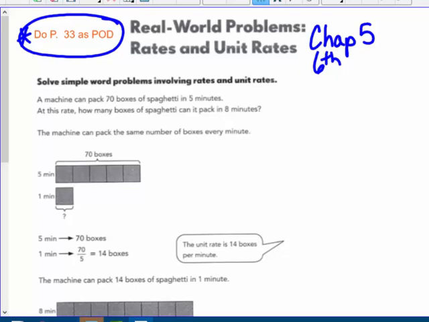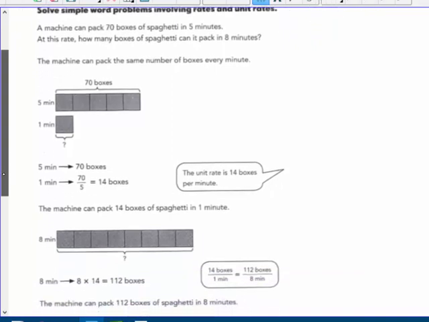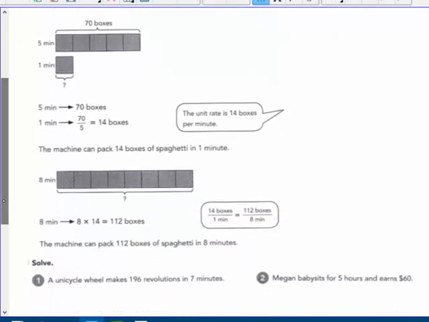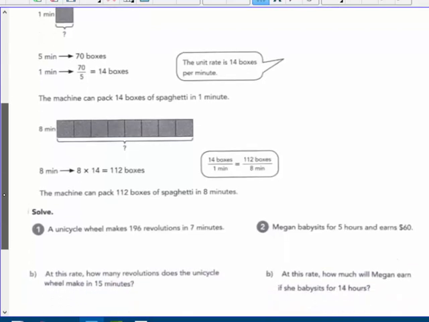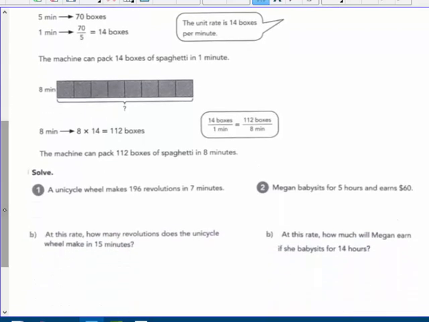So a machine can pack 70 boxes of spaghetti in 5 minutes. At this rate, how many boxes of spaghetti can it pack in 8 minutes? The machine can pack the same number of boxes every minute, so 70 boxes in 5 minutes means that if I divide by 5, I would get 14 boxes in 1 minute. So to scale up with that, what would 8 minutes be?